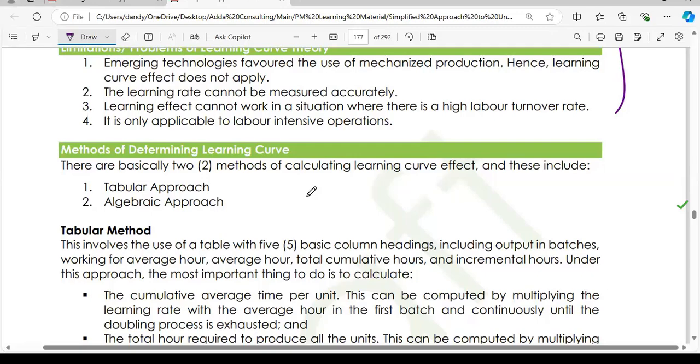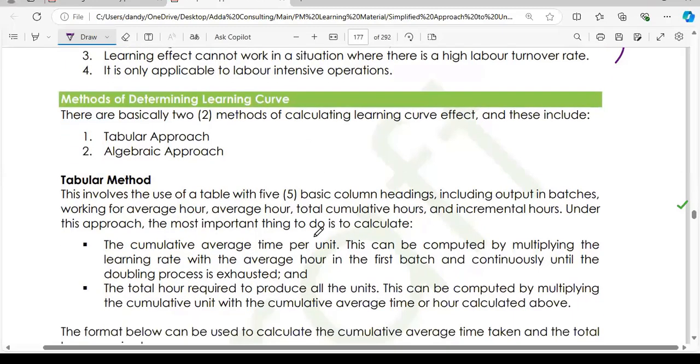When you are asked to determine the cumulative average time taken to produce a particular unit, then, of course, for you to be able to use the tabular method, the required output must be in the doubling range. What do I mean by doubling range?